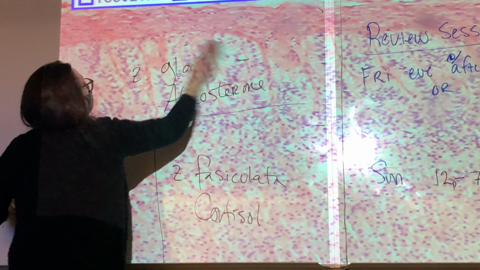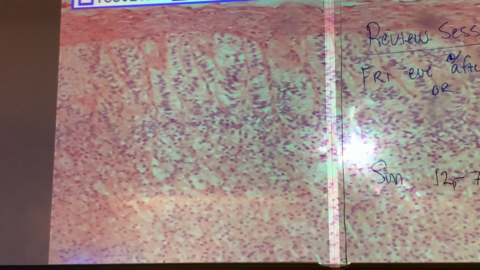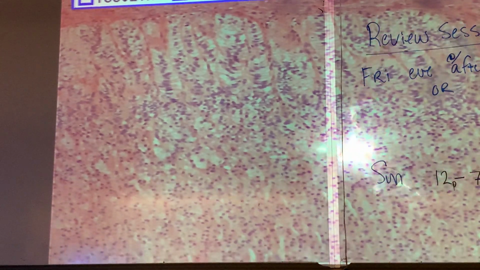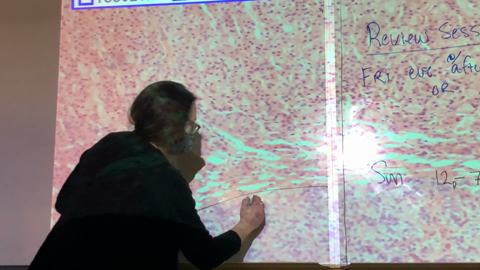Just keep moving it up. So fasciculata. Now we're just starting to see reticularis in there. There's reticularis. There we go. So for this, I would make sure that you saw this. So here's your medulla.